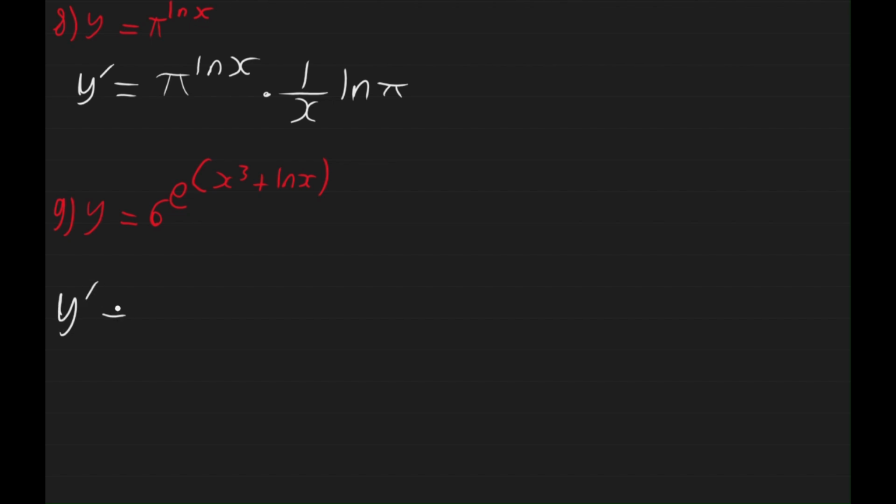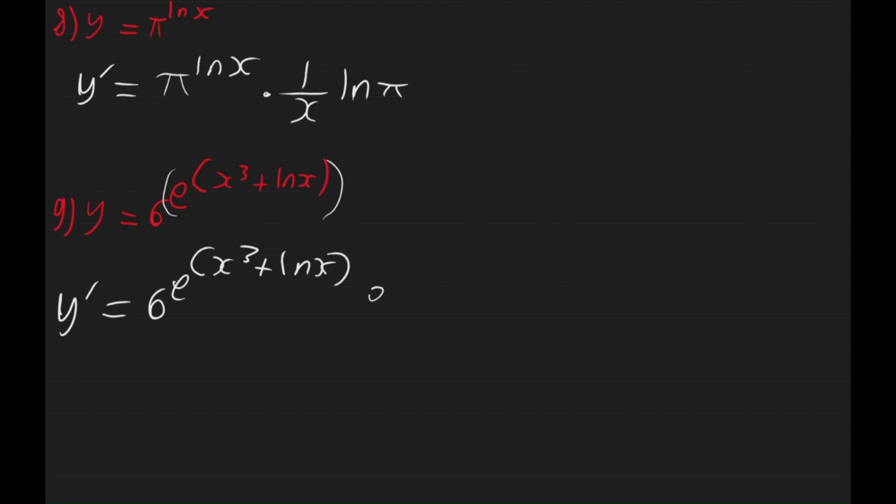Now for this example, 6 power e power x power 3 plus ln x. So we see y dash is equal to 6 power e power x power 3 plus ln x as it is. Now the differentiation of the power, which here is all of this.